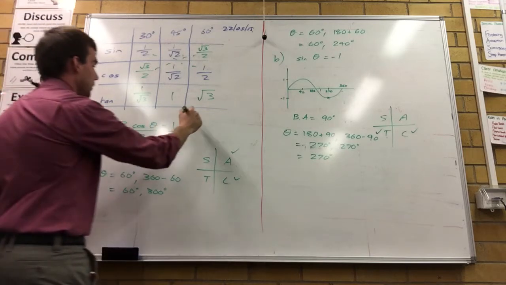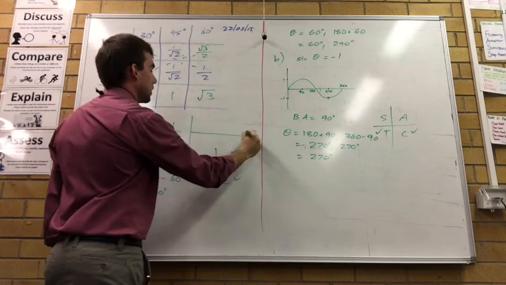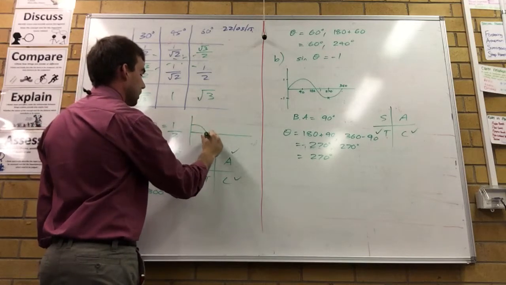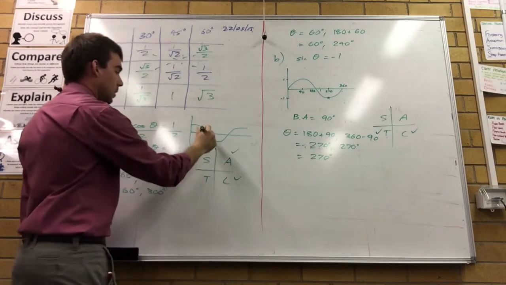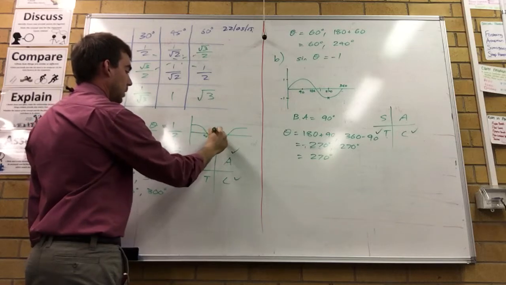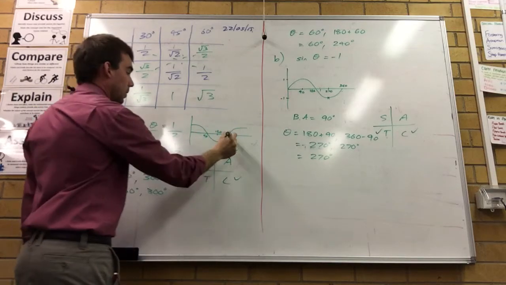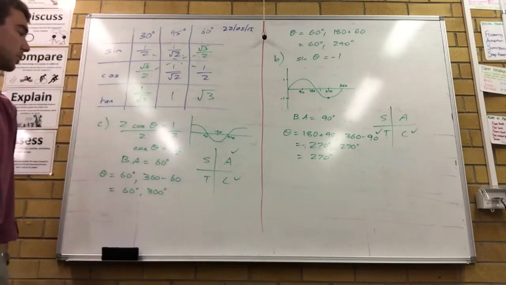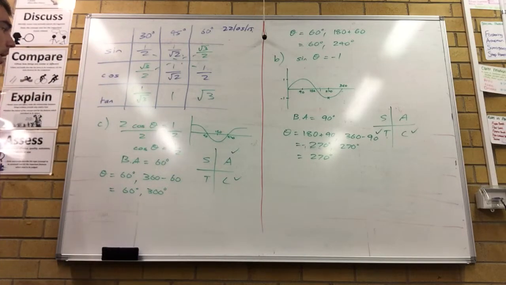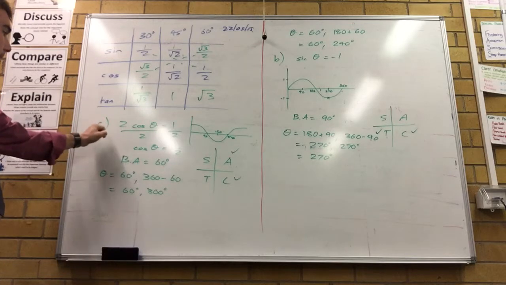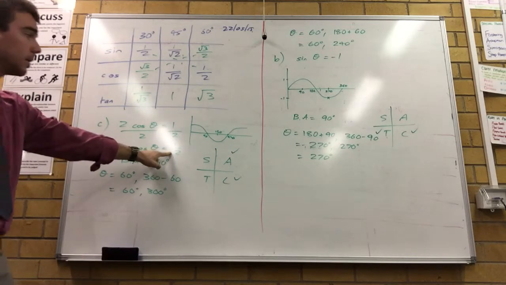So what this means, if I consider my cos curve, which is something like this, so that's 90, 180, 270, and this equation was 2 cos of theta equals a half. So in other words, cos theta equals a half.